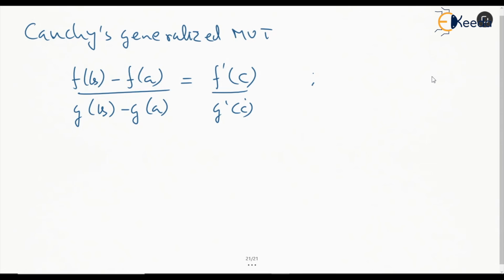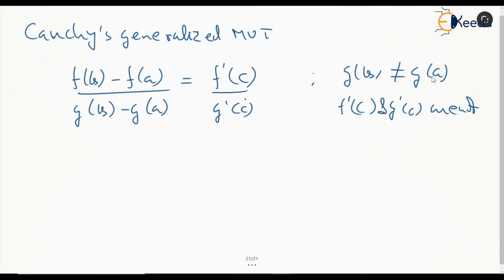We are expecting that g of b is not equal to g of a, and f dash of c and g dash of c are not 0 together.